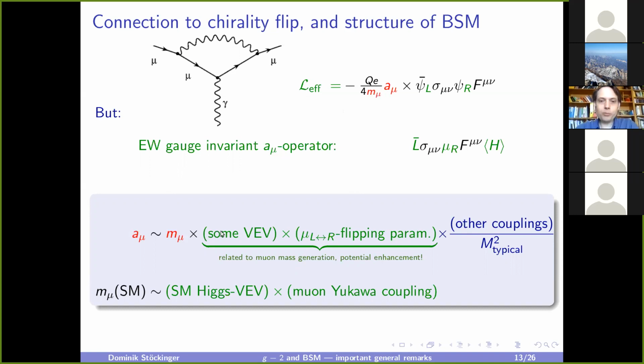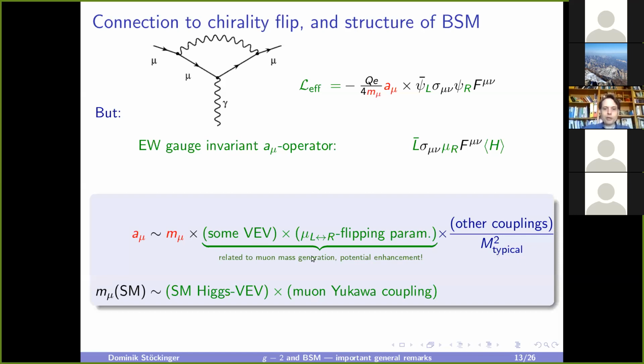But then we need, from the chirality flip, one vacuum expectation value, breaking electroweak gauge invariance. And we need, of course, some fundamental parameter of the theory which gives rise to the chirality flip in the first place. And then you might have all sorts of other coupling constants, and for dimensional reasons, you must get a mass squared suppression in the denominator coming from the BSM mass.